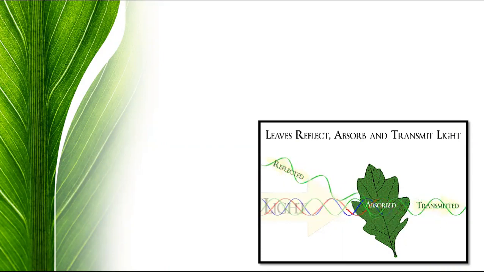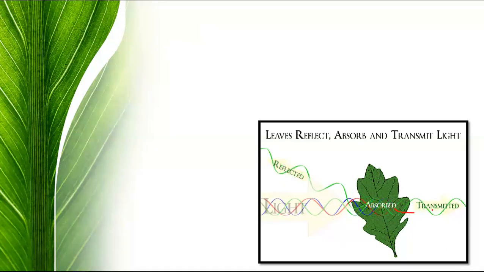The blue and red light get absorbed, while the green light is either reflected or transmitted. That's why the leaf becomes green in color.